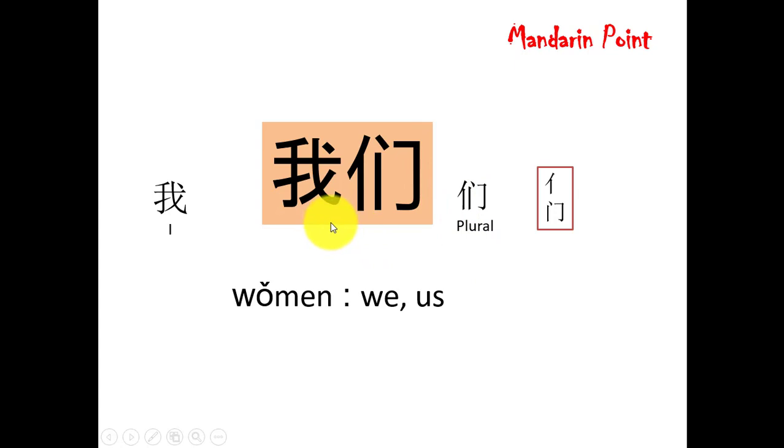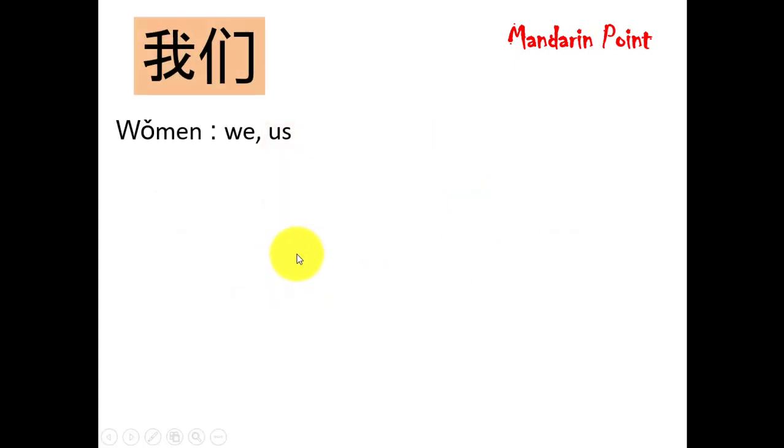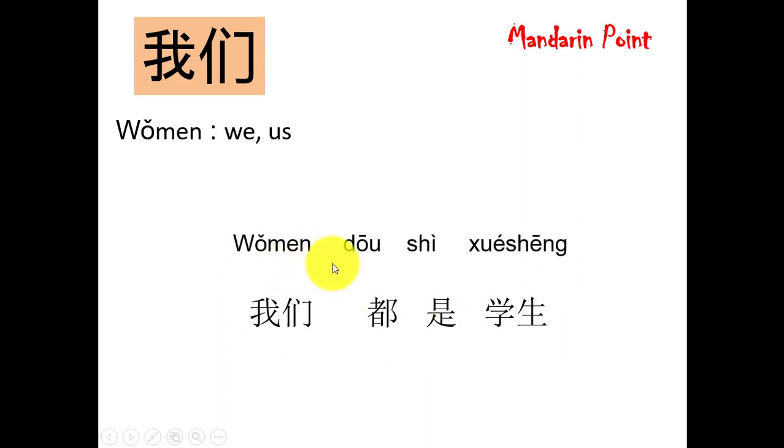So let's find an example sentence for this 我们, meaning we or us. 我们都是学生. It means we all are students.